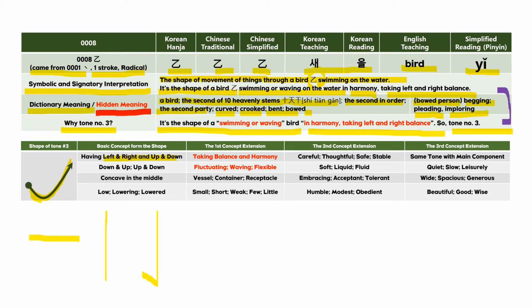Having left and right, taking balance, waving, fluctuating on the water or in the air. Yeah. So with these conceptual values, we can memorize this character as having tone number 3.